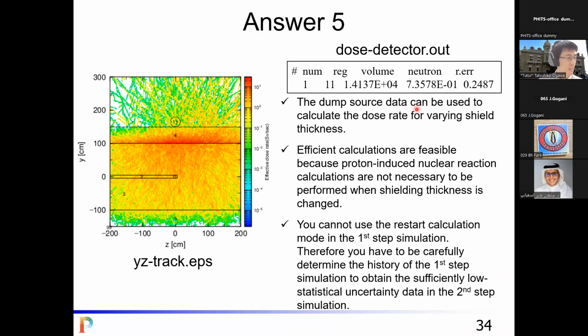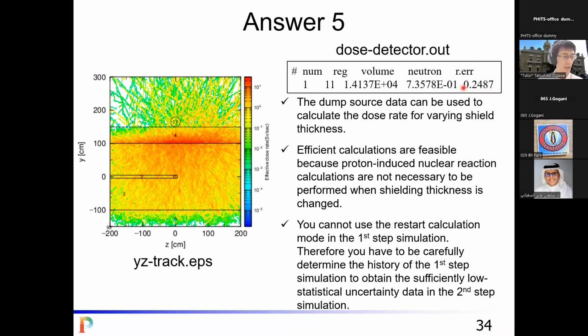It says 0.73 with anyway large uncertainty. So we finally got the dose, effective dose, but the statistical uncertainty is still high.